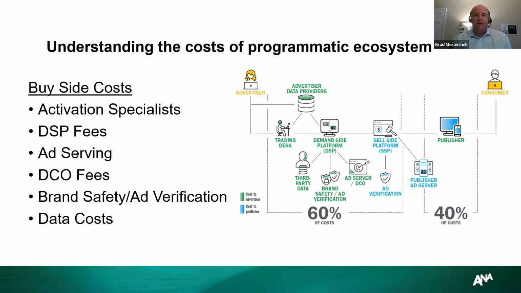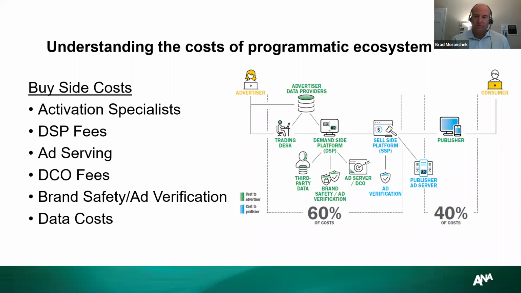Okay, so the next thing that we're going to do is start to unpack, as I said, the costs of the programmatic ecosystem. All those things that I showed on the chain in the previous slide are back on here. What's important to realize is that when you spend $1 on programmatic advertising, typically 60% of the cost, and again, that's not a hard and fast rule, but guidance is that 60 cents of that dollar is going to all the technology and capability that it takes just to get the ad into the marketplace.